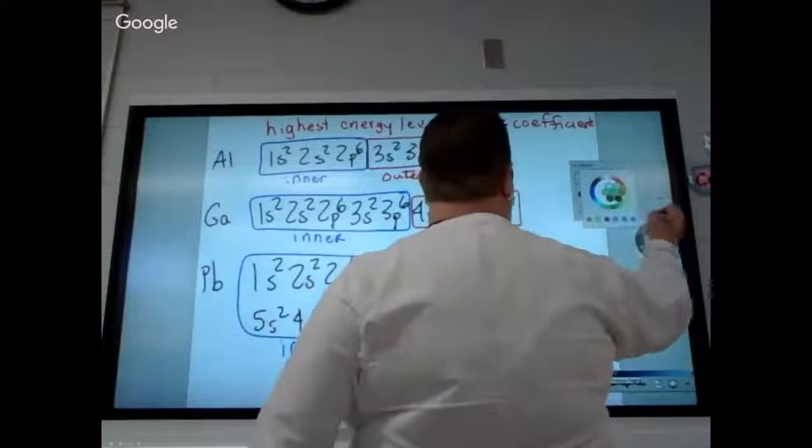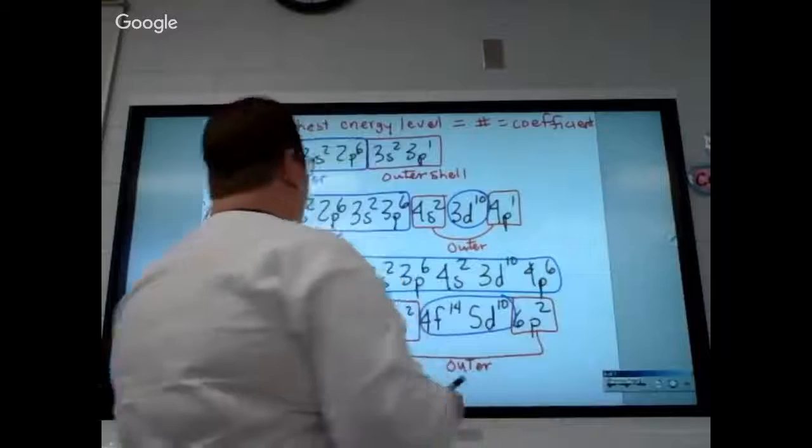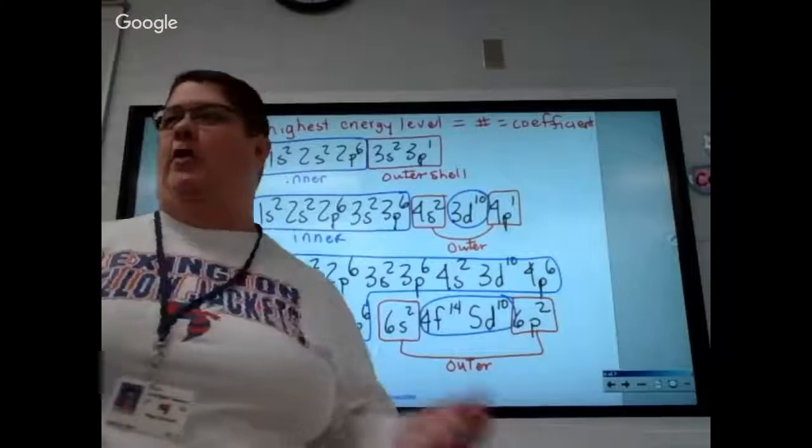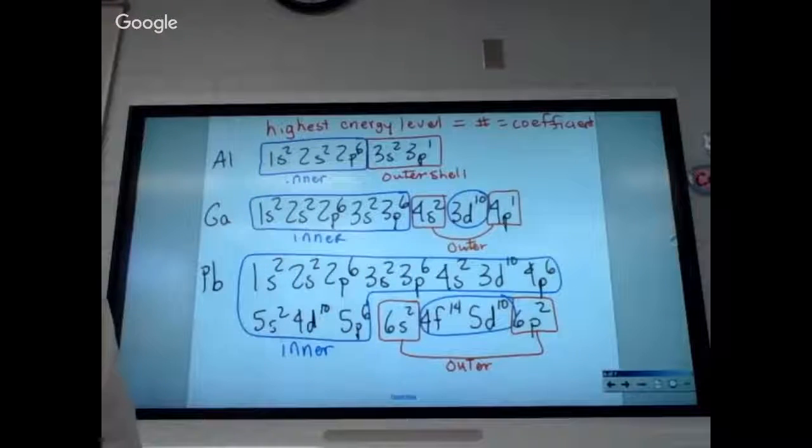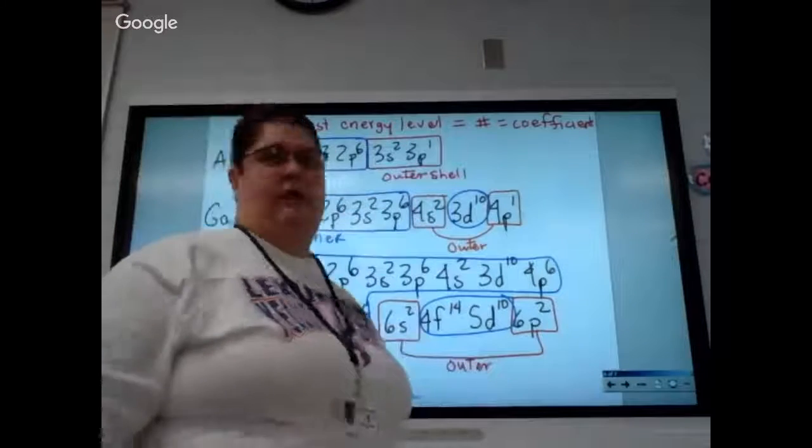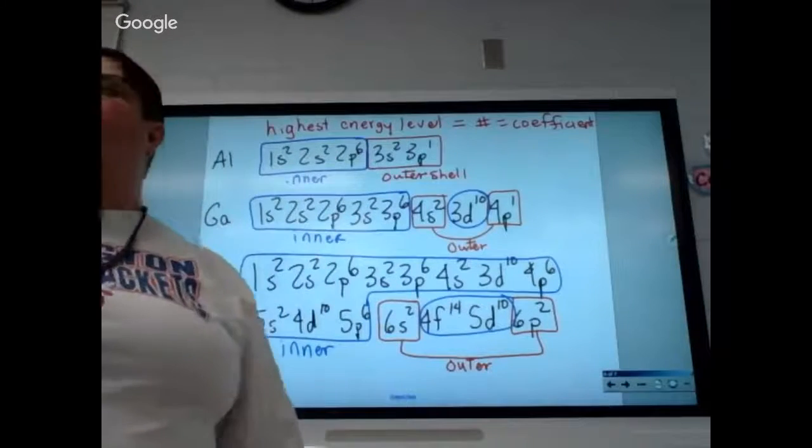All right, so let's say that we're going to draw aluminum. Now, here's the part that people struggle with. You have to draw the dots to look like the electrons. This is why you have to know how to draw orbital notation. We don't have to draw the whole thing in orbital notation, only the outer shell.